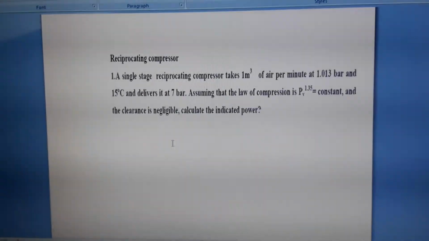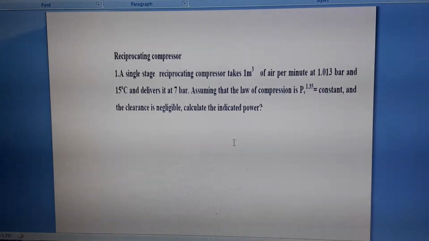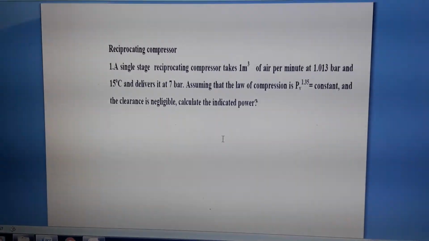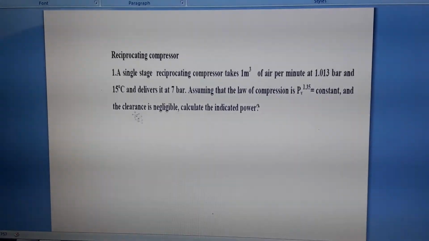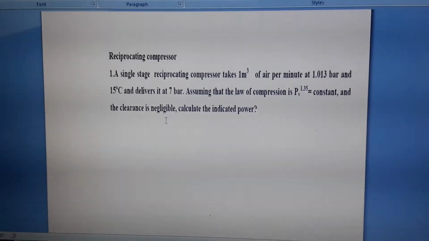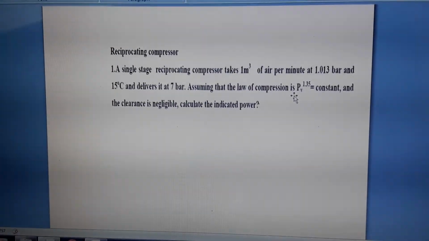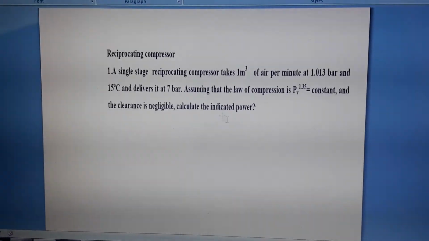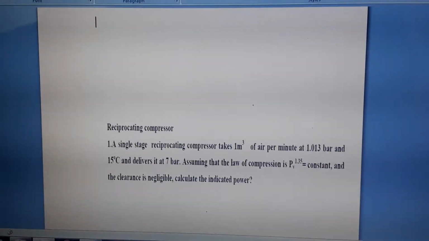So indicated work is equal to n upon n minus 1 P1 V1 in bracket P2 by P1 raised to n minus 1 by n, minus 1. Once we write this expression, then we have to substitute the values of V1, pressure P1, temperature T1, pressure P2, and index small n, that is 1.35, and once we substitute the values, then we have to find the indicated power. So let us see the solution for the numerical.